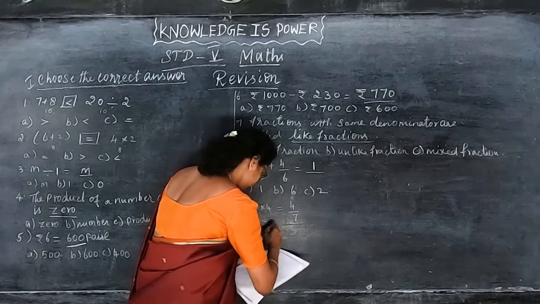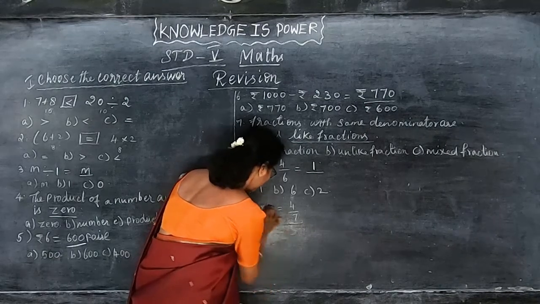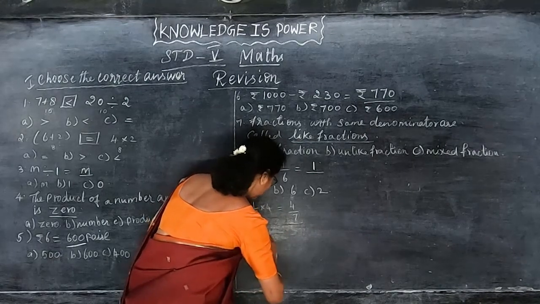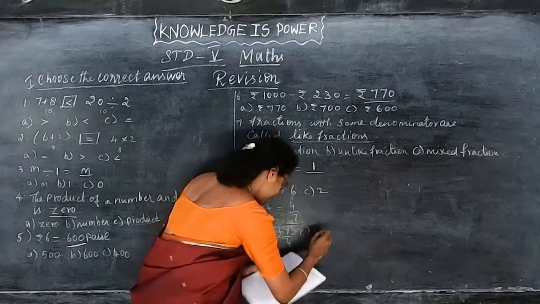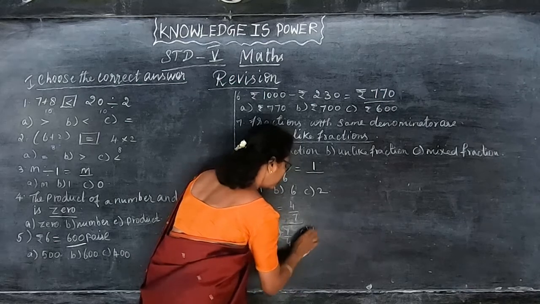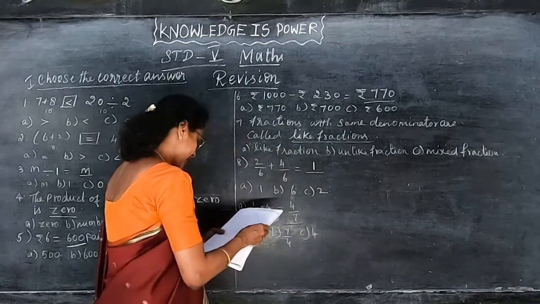So A is 4 by 7, B is 7 by 4 and C is only 4 is the answer.